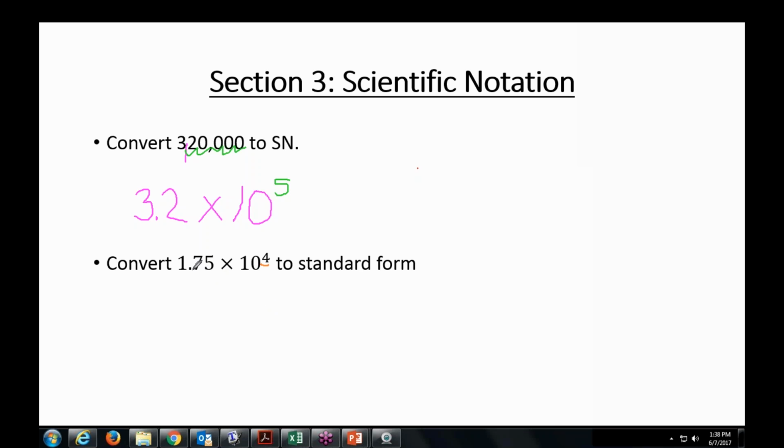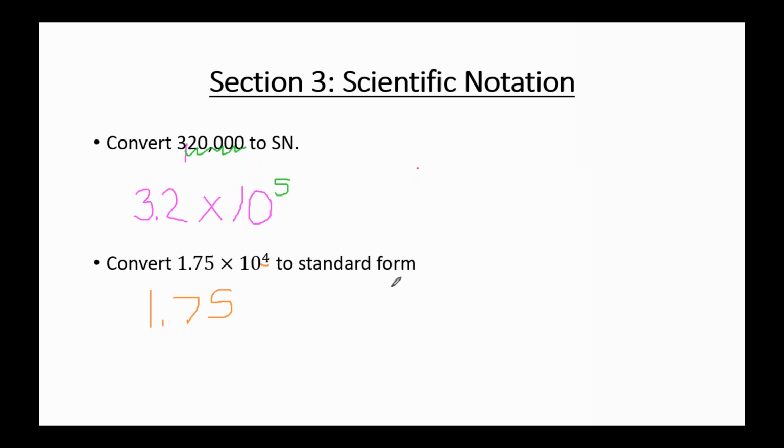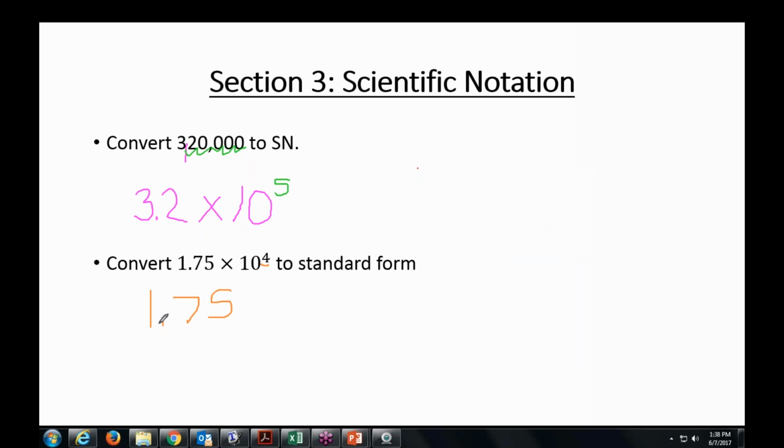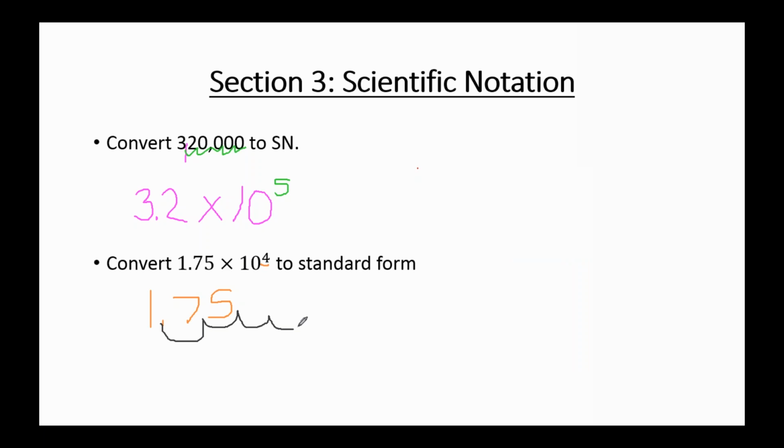To the right. Yes. So if you want your number to get bigger, the decimal goes to the right. So if I have 1.75 and I want to go right 4 places, 1, 2, 3, 4, in these empty spots we have zeros. So I end up with 17,500. Again, big number makes sense because my exponent was positive.